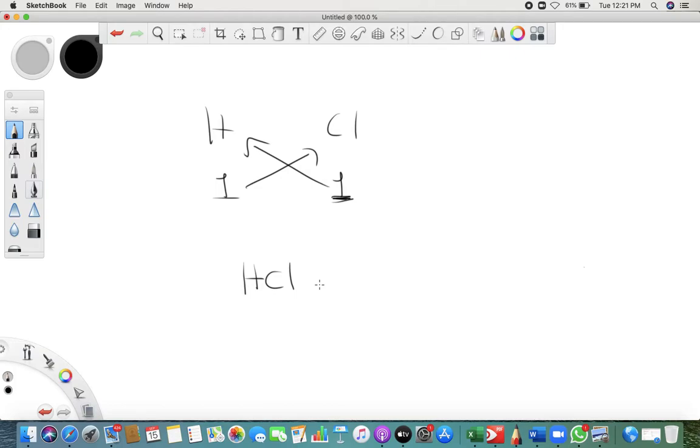So this is one thing you have to understand about the chemical formula. Let me show you another one.